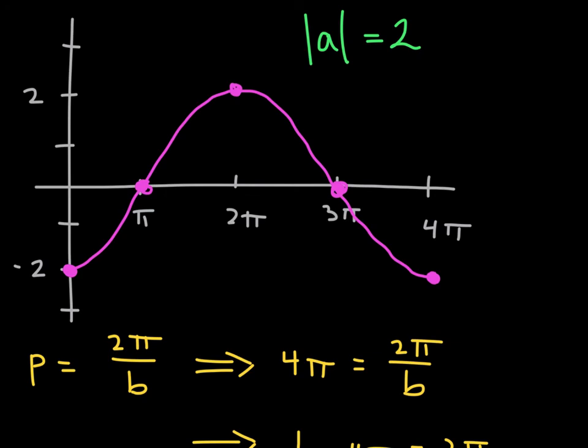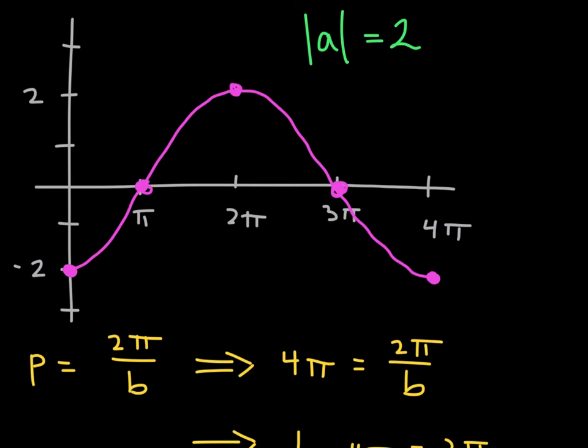The reason why I'm thinking of cosine is because sine usually begins at the origin, and this is not beginning at the origin. So that's why I'm thinking cosine as opposed to sine, everybody. But cosine usually starts at (0, 1) and then goes down. But here it's starting at (0, -2), and it's going up. And I think the reason why is because of a reflection. So there must be a reflection.